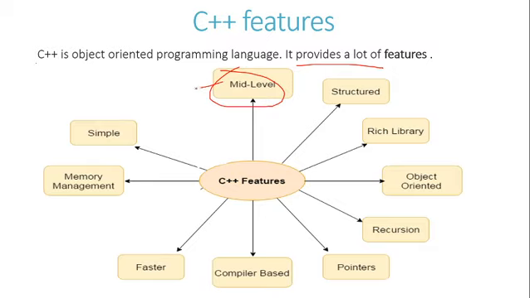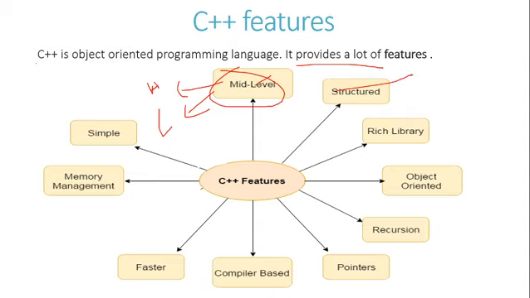As we know, programming languages are of two types: low level and high level. But C++ and C come under both, high level and low level. It follows the properties of low level sometimes and the properties of high level also, so that's what we call mid level.